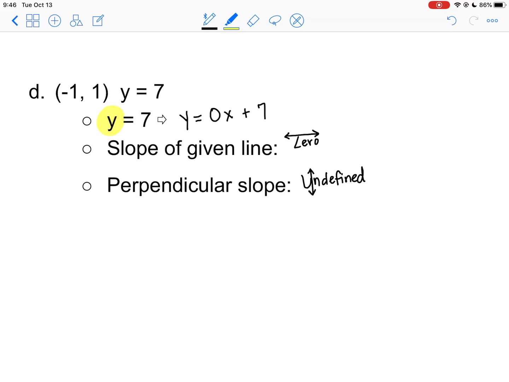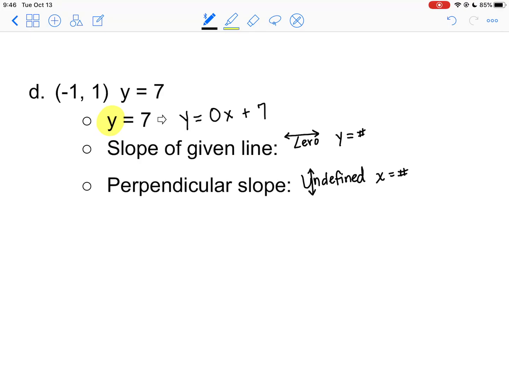Notice that this equation is a y equals line. If I'm only dealing with the y value and I want to be perpendicular to that, I'm going to use the complete other value. So a zero slope line is a y equals line, and an undefined line is an x equals line.